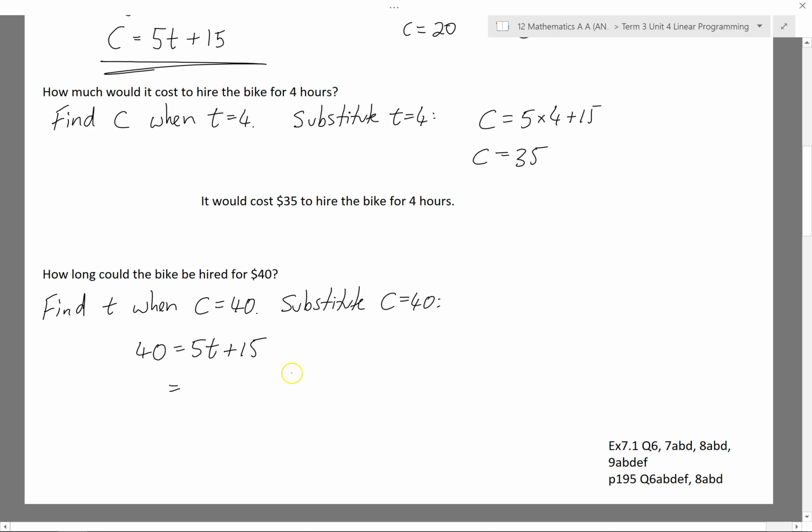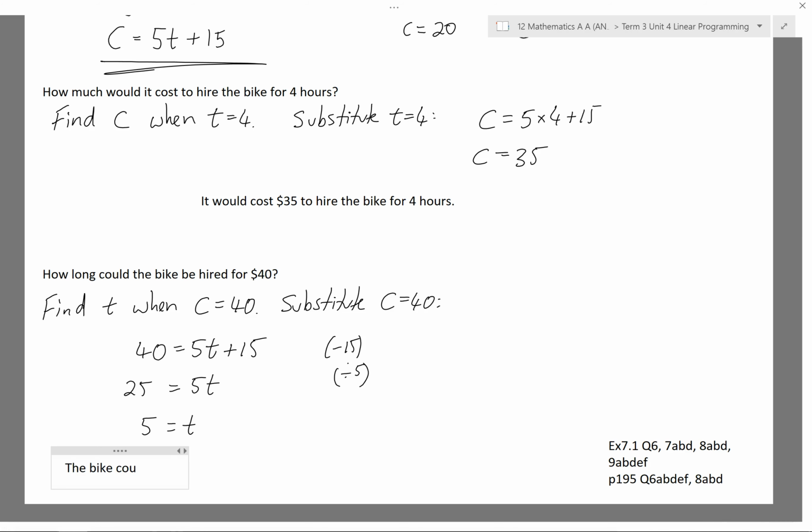And then I can go ahead and rearrange. So minus 15 from both sides. And then I can divide by 5. Okay, 5 hours is my answer. Again, I'll make sure that I write this as a sentence.